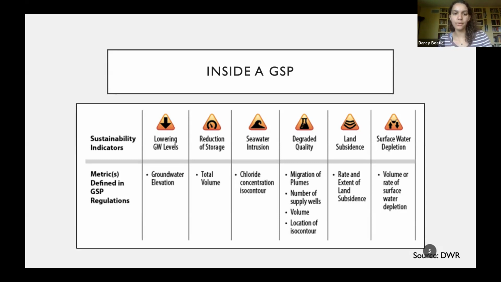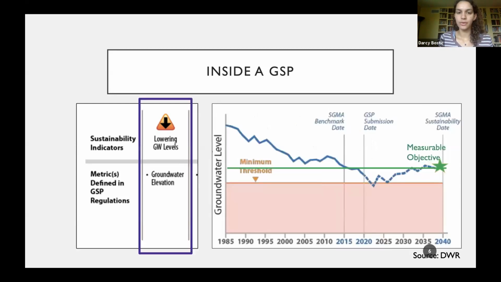And below the little graphics, you see the metrics that the GSAs or GSPs are required to use to measure these sustainability indicators. And so I'm going to give a brief intro to what minimum thresholds and measurable objectives are through this one example, which I'm sure many of you have also seen, of lowering of groundwater levels. So this one sustainability indicator.